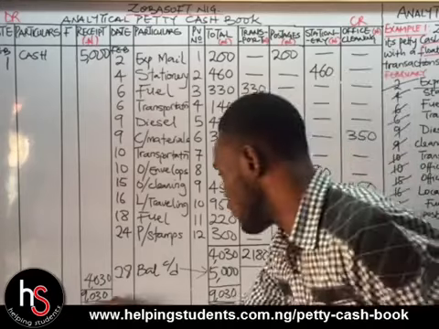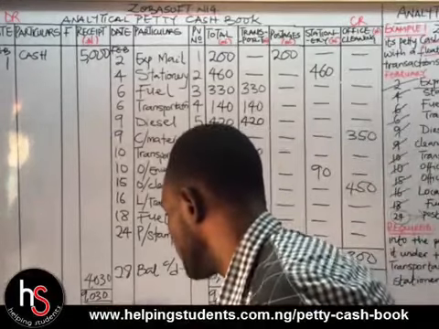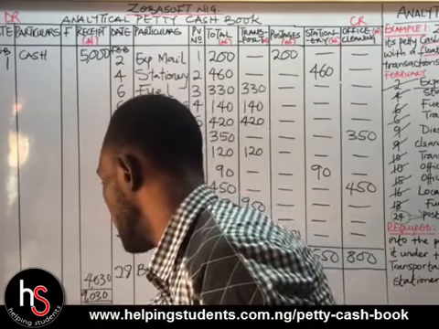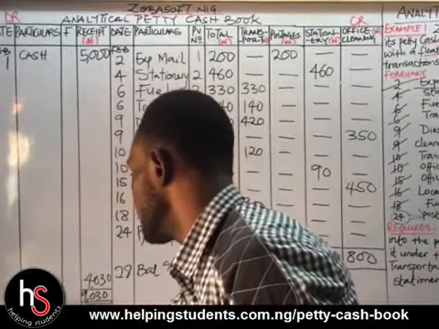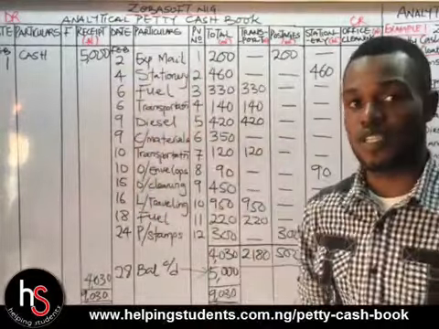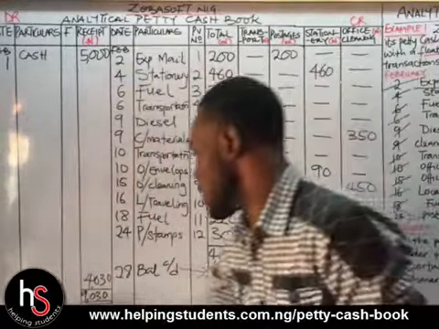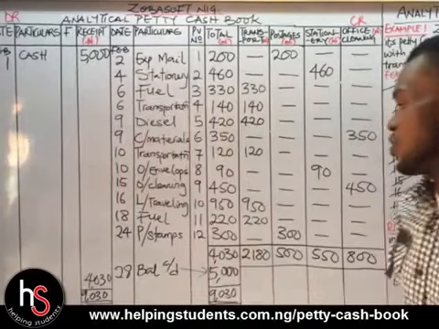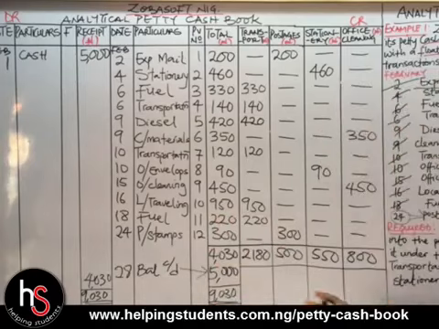Okay? So we have 5,000 here, and this 5,000 stands as our balance BD. Now, what is the first date in the next month? It is March 1st. So we have March 1st. So with this, you are done with this entry.